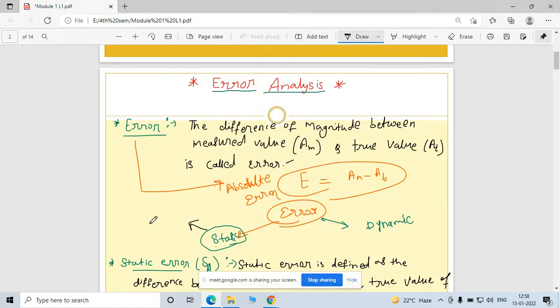Dynamic error is dependent on time, or you can say the error changing with respect to time, right?